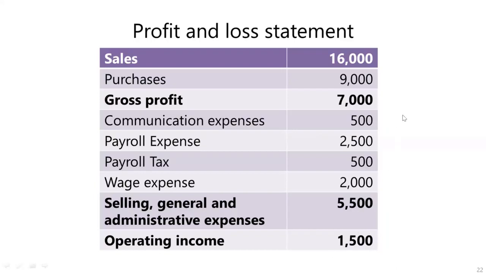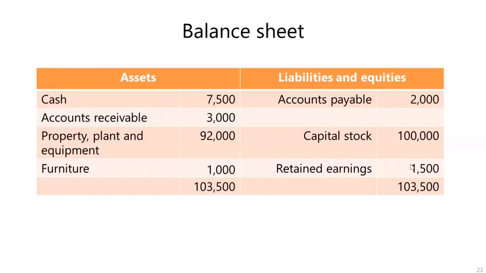This 1,500 is related to the balance sheet retained earnings. I will explain in the financial analysis lecture, but the profit and loss statement and balance sheet are correlated, so that the profit earned recorded in the profit and loss statement is recorded in the balance sheet for the equity section as well.